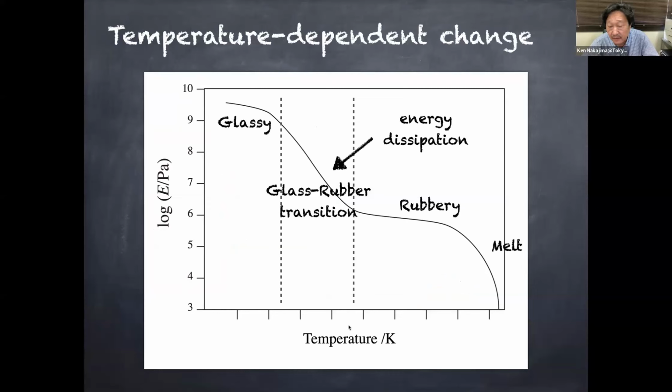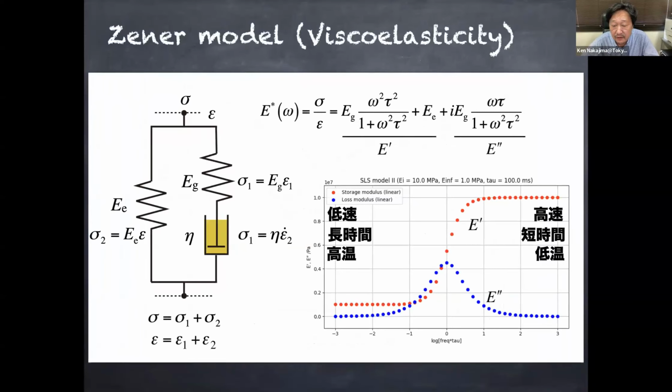Here, please have a look at this. The lateral axis is temperature and the vertical axis is the modulus value. If temperature increases, the glassy material turns into rubbery and further into a melt condition, which you can quite easily imagine. But if you draw the graph in terms of frequency, then the shape becomes opposite.